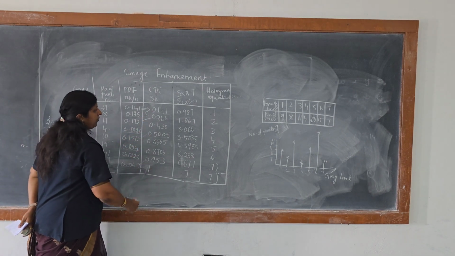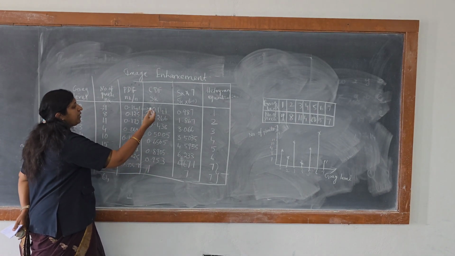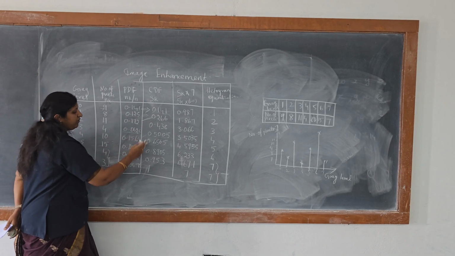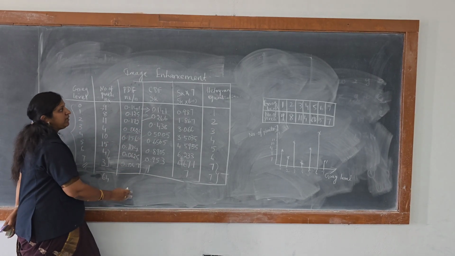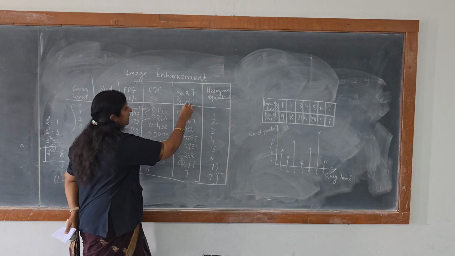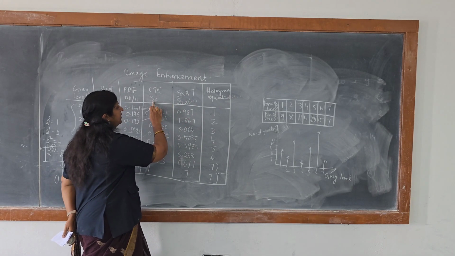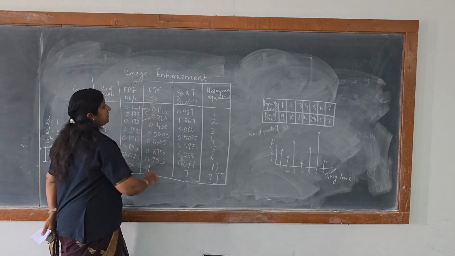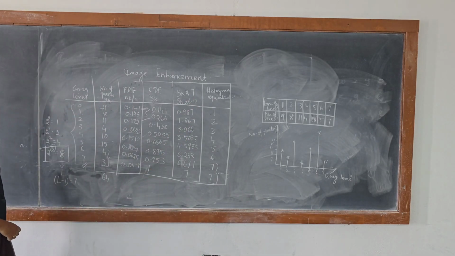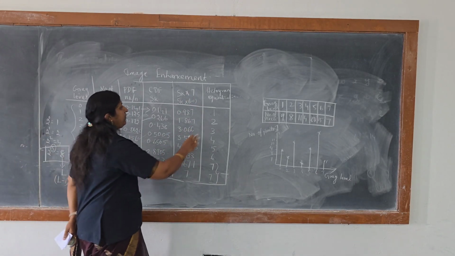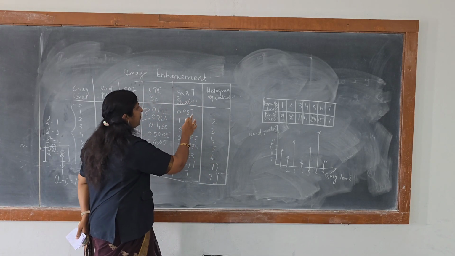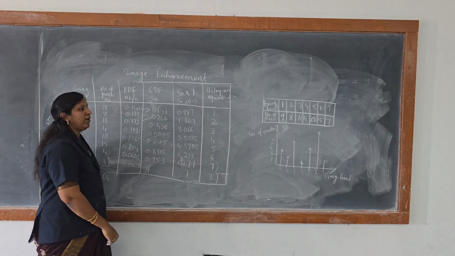For all other remaining values, we take the previous CDF and add it with the PDF value, and we get the cumulative CDF. Okay. Then the next step is we take this Sk and multiply with the L minus 1 value. In this example, L minus 1 value is 7. Finally, we round off all these Sk into L minus 1, and we get the histogram equalization.